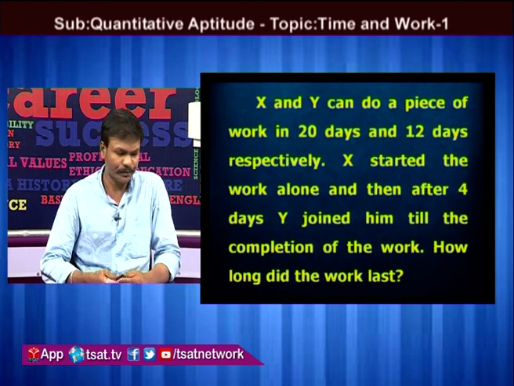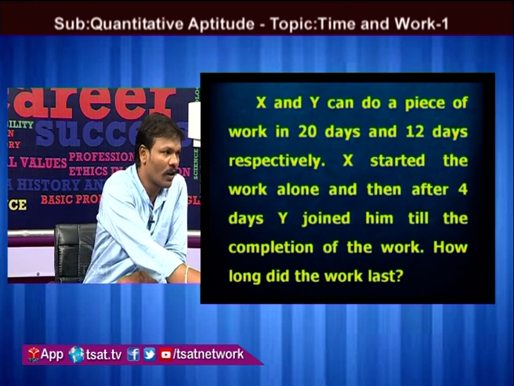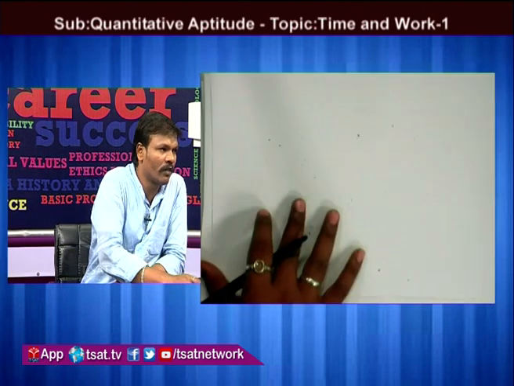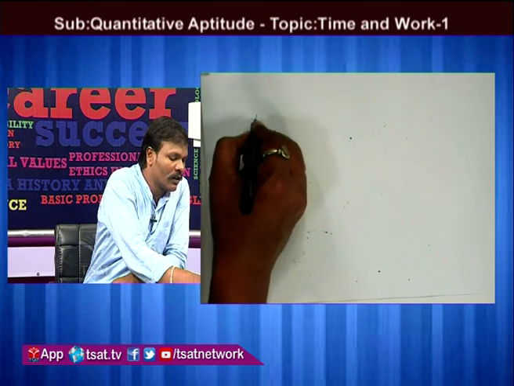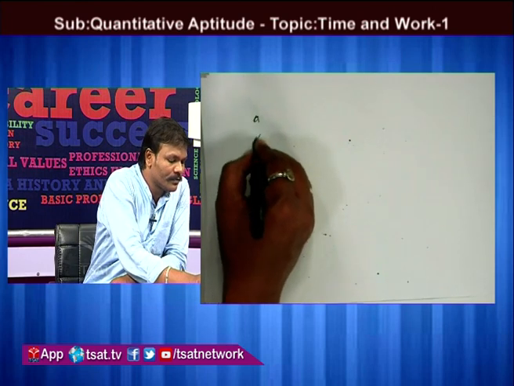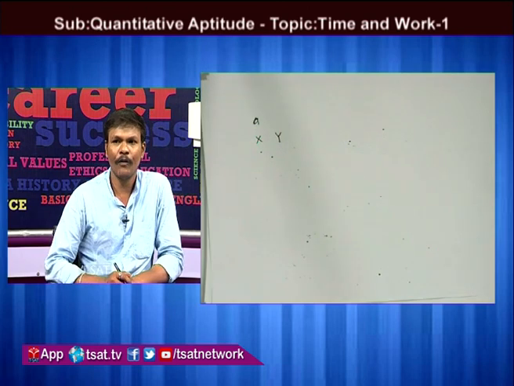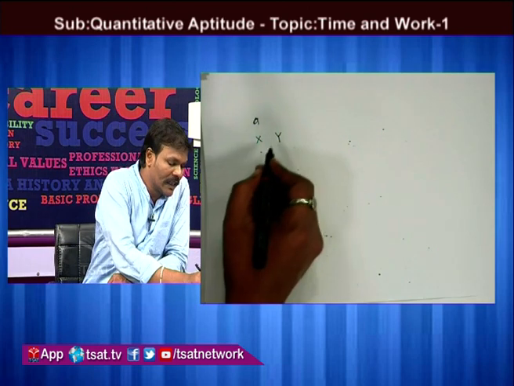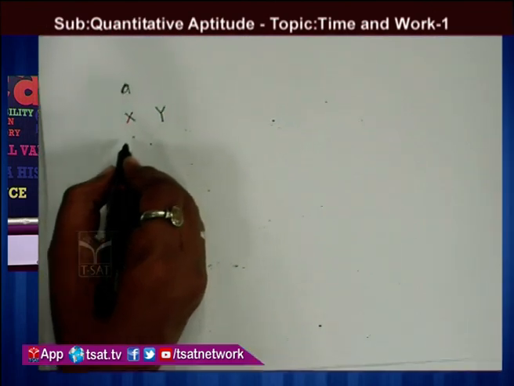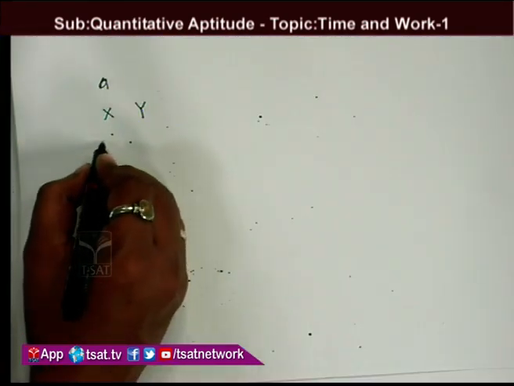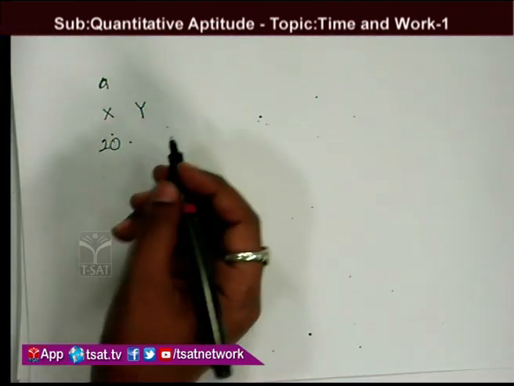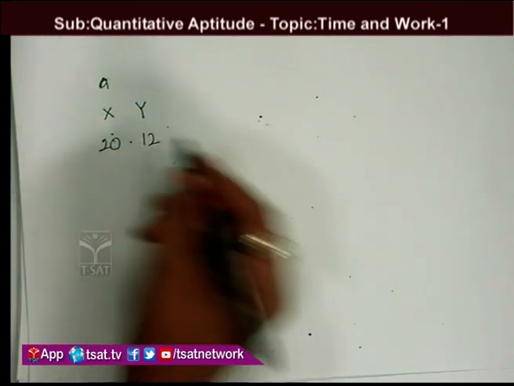In this question, first you have to observe how the work was started and how the work was completed. We have X, we have Y. X will complete the work in 20 days, Y completes the work in 12 days.